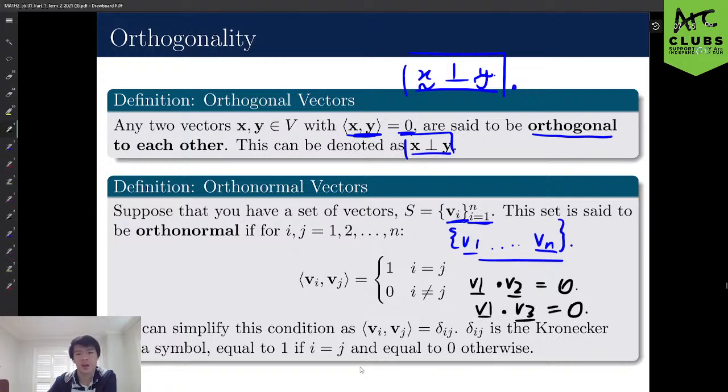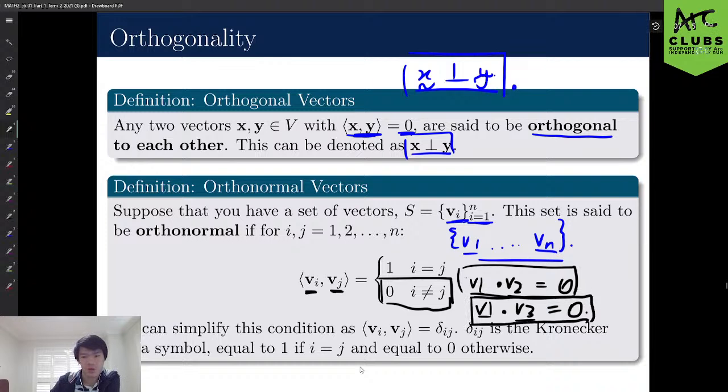In other words, the inner product of vi with vj is going to be 0 if they're different vectors. That's our first property, called orthogonality.